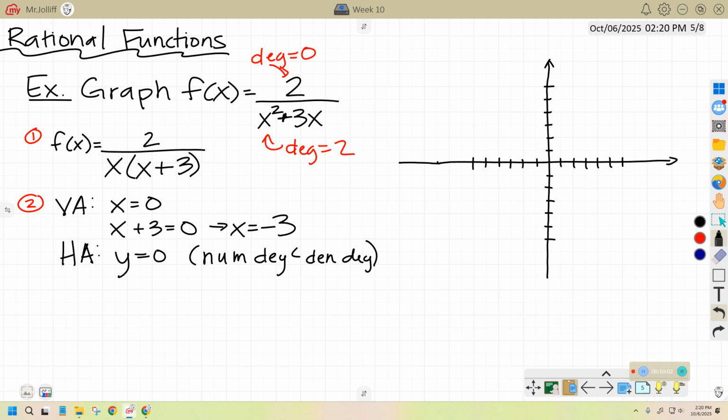I'm going to mark my asymptotes. It's a good first step. X equals 0 is the y-axis. I have an asymptote here. I have a vertical asymptote at x is minus 3, which is here.